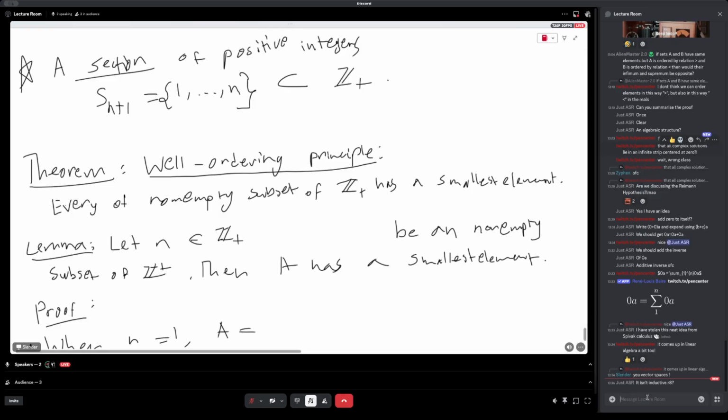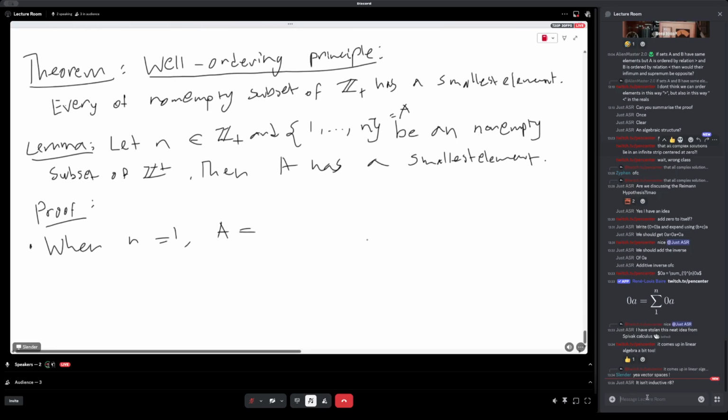So we pick n from the set of positive integers, and then we have 1 through n, and we call this A. Then A has a smallest element. Okay, so now we prove this. When n is equal to 1, then A is just the singleton set 1. So 1 is the smallest here.